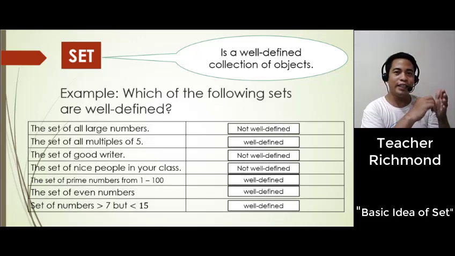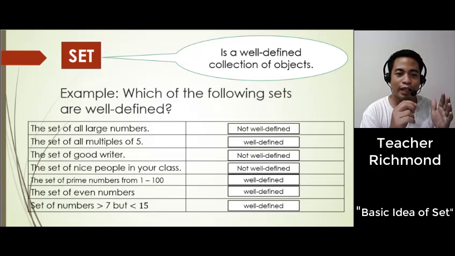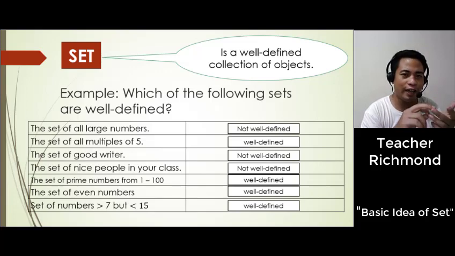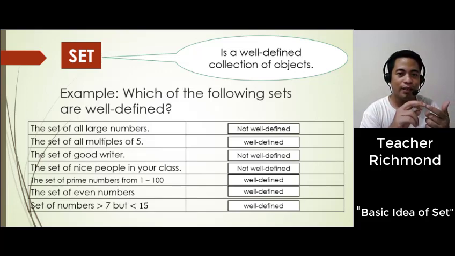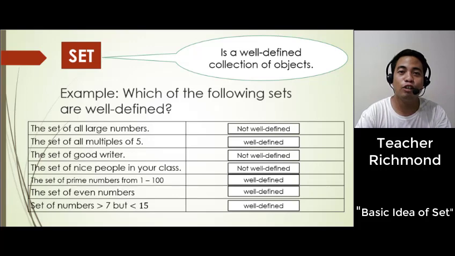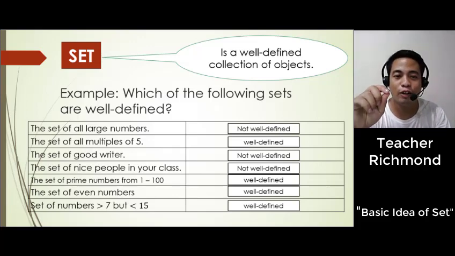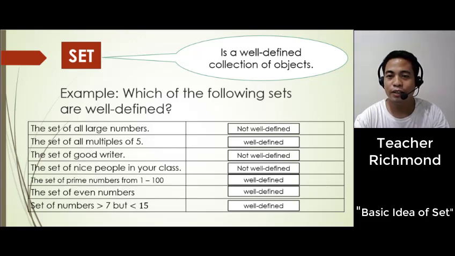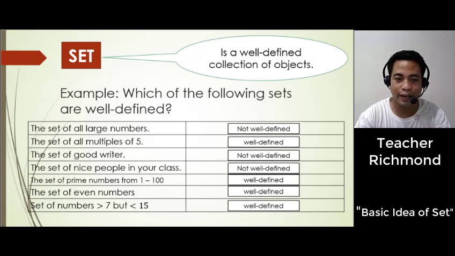If I list down 8, 9, 10, 11, 12, 13, 14, those are the numbers that are greater than 7 and less than 15 to me, and you would also have them as your answers. So therefore, that is a well-defined set.